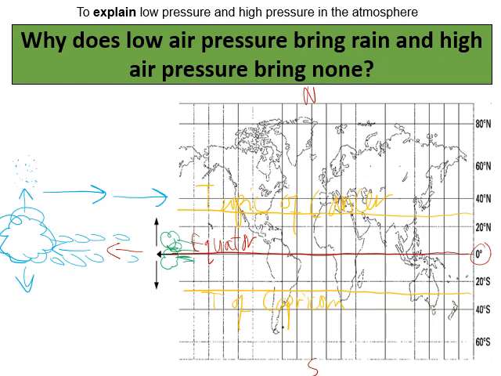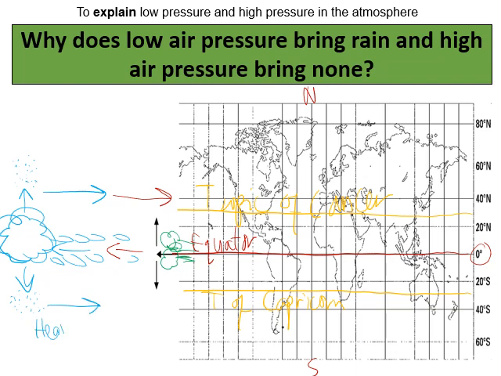Now, as they're sinking, remember that they're going to be getting warmer as they go back down to Earth. So if they're getting warmer, that means they won't be able to rise, cool and condense. So with them, they bring very dry weather. And the same thing happens on the other side of the equator. So once that air has risen from the equator, if it then goes south towards the Tropic of Capricorn, remember that all these molecules start to become very compact together, which means they're very heavy, so they sink.